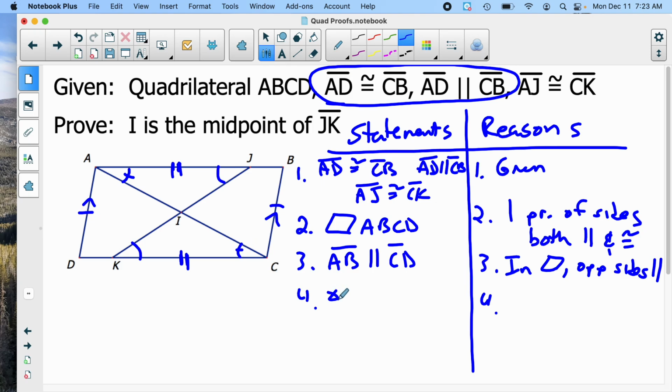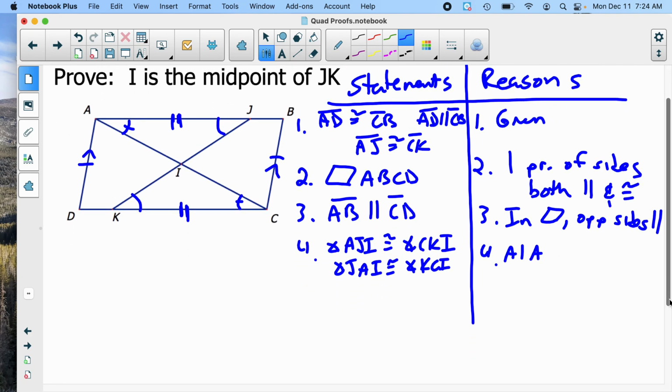So let's say that angle AJI is congruent to angle CKI. And let's also say that angle JAI is congruent to angle KCI, all by AIA. You could have done the vertical angles there as well. I just wanted to do something a little different maybe.